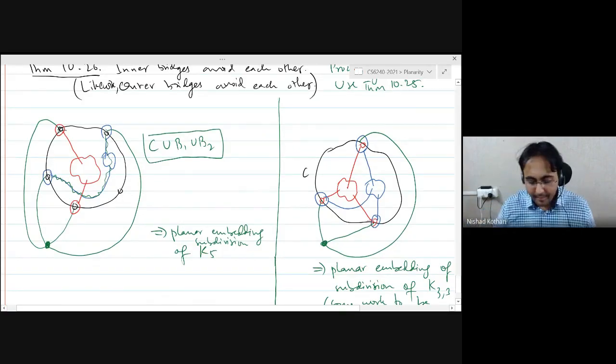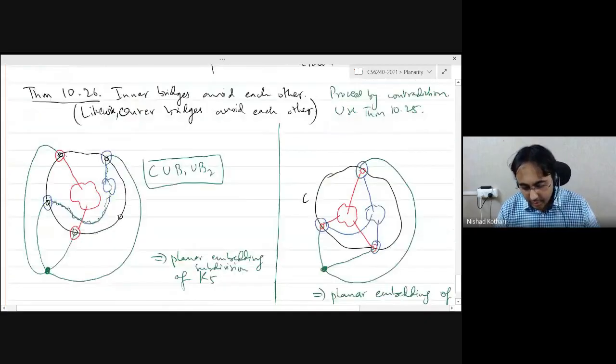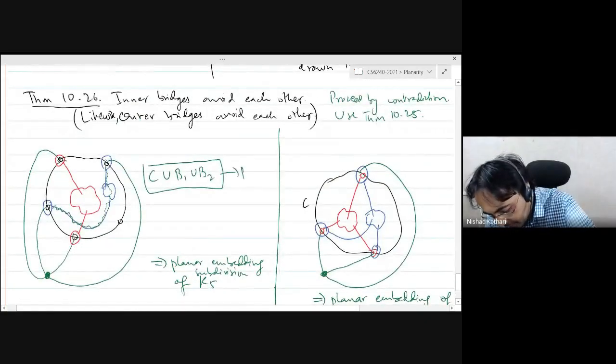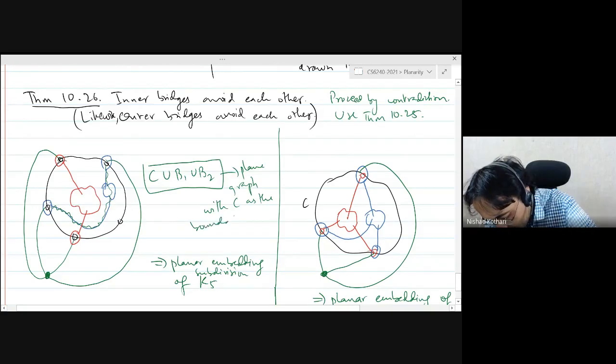Okay, good. All right, so this is the plane graph with C as the boundary of the outer face.